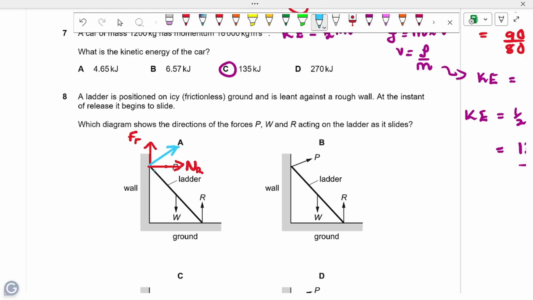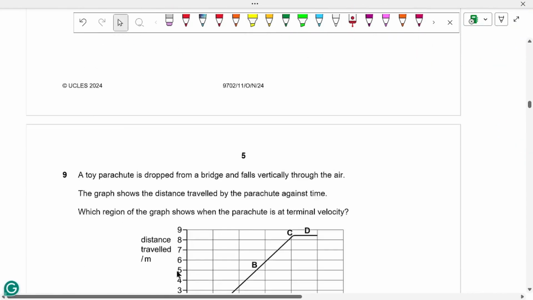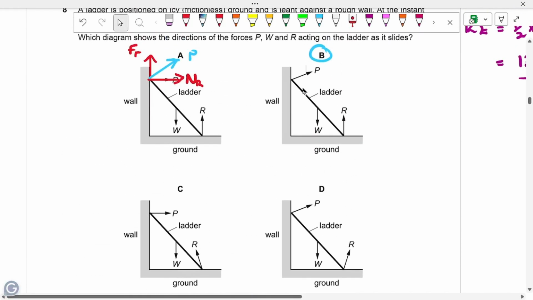That force is going to be P. So you can definitely see that B has to be the correct answer: R up, W down, and P at that angle, because there are two forces. If you got A, it's possibly because you ignored the force of friction. You didn't include that, so that possibly affected your answer. Hope that makes sense as to why the answer is B.